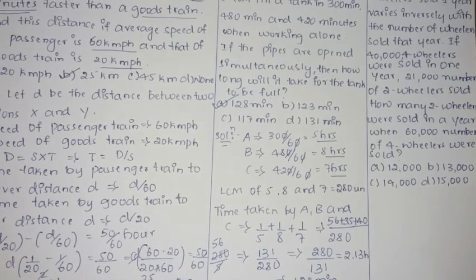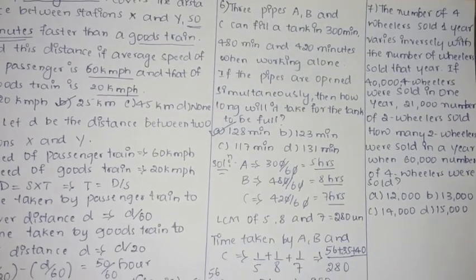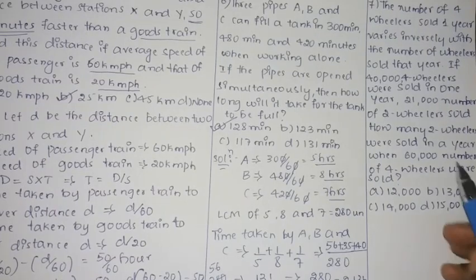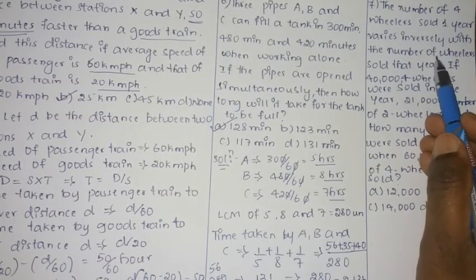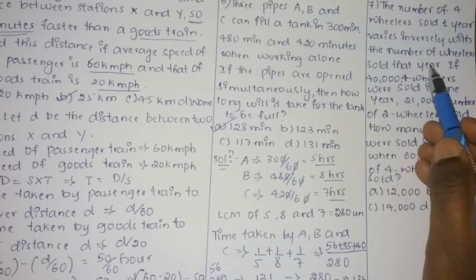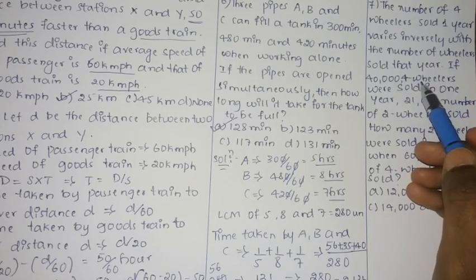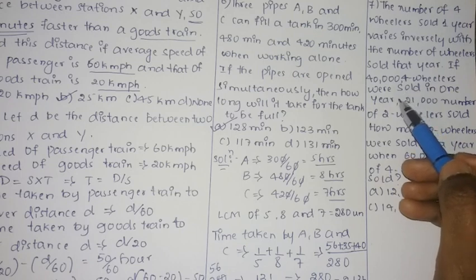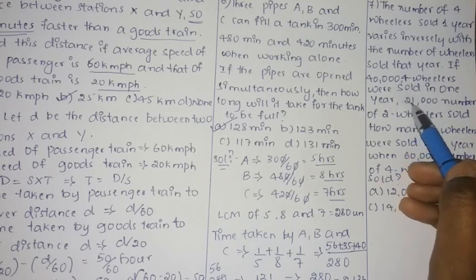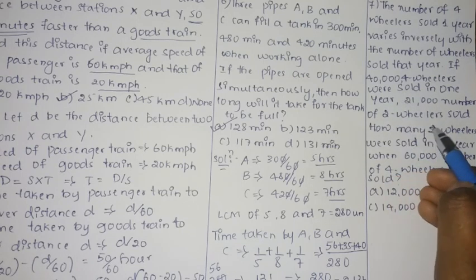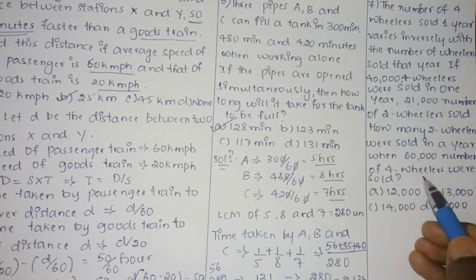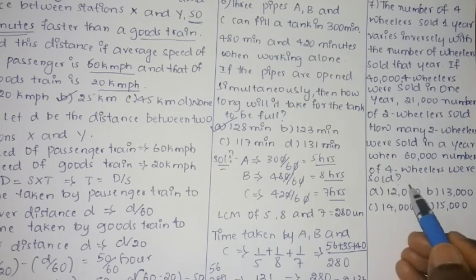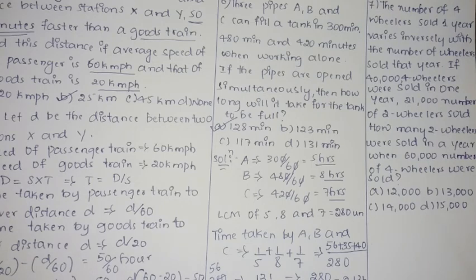So we shall see the next question, that is the 7th question. The number of 4-wheelers sold in 1 year varies inversely with the number of 2-wheelers sold that year. If 40,000 4-wheelers were sold in 1 year and 21,000 2-wheelers were sold, how many 2-wheelers were sold in a year when 60,000 4-wheelers were sold?